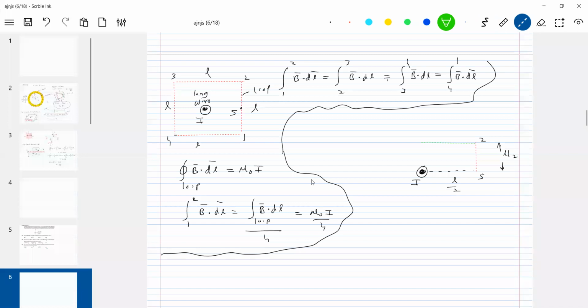L and L by 2, it should be, no, sir, because the radius is 1 and it is at a distance 2. No, only 2 5. What should be the mu naught I by 8, okay?